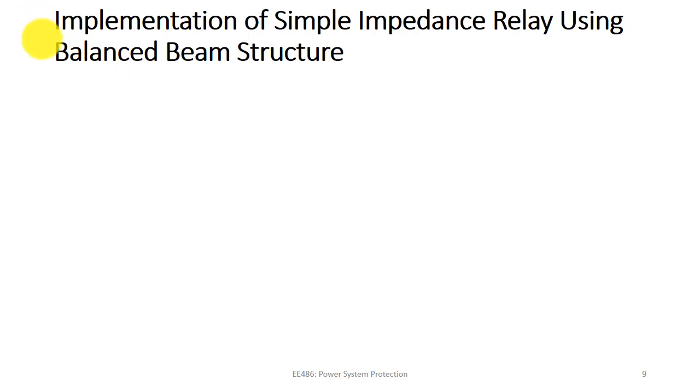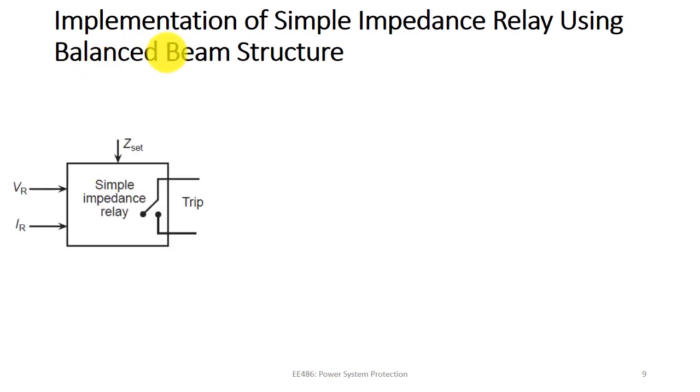Now we'll see the implementation of the simple impedance relay using a balanced beam structure. How can we implement this? This is a black box simple impedance relay with a setting of Z set. When we feed the voltage at the relay point VR and the current at the relay point IR, it will give the trip command when ZR is less than Z set.